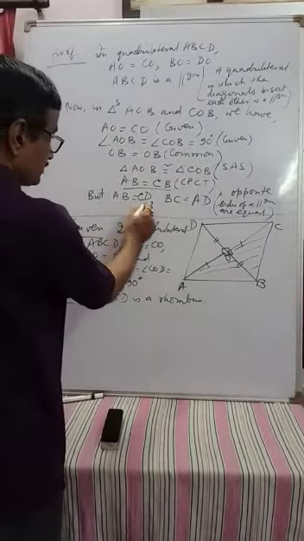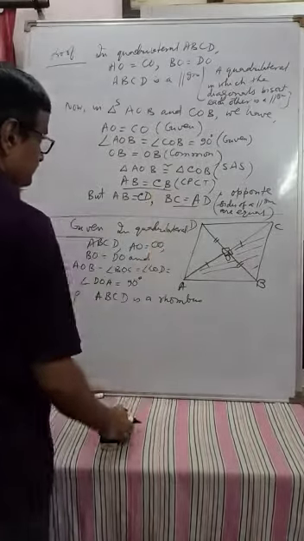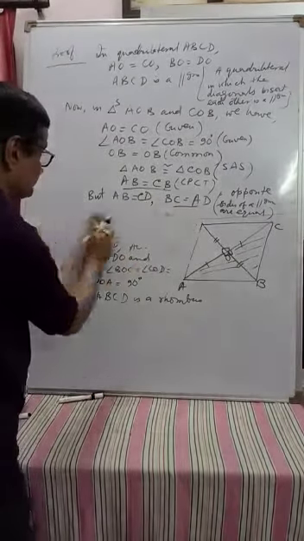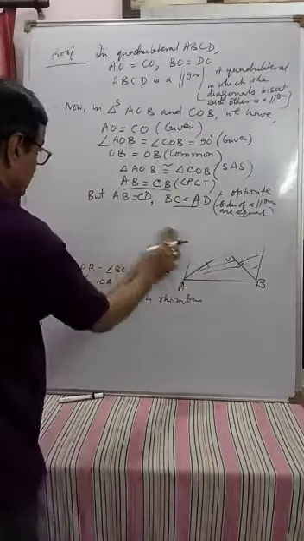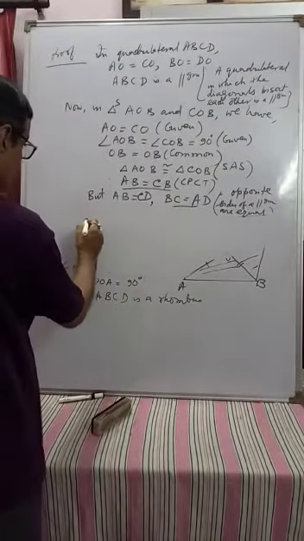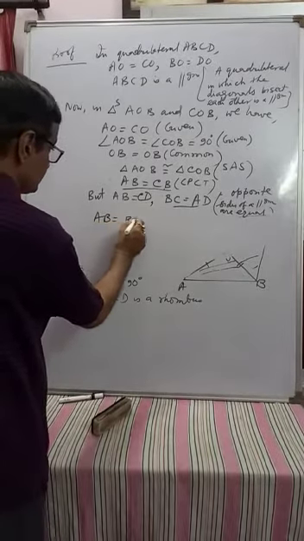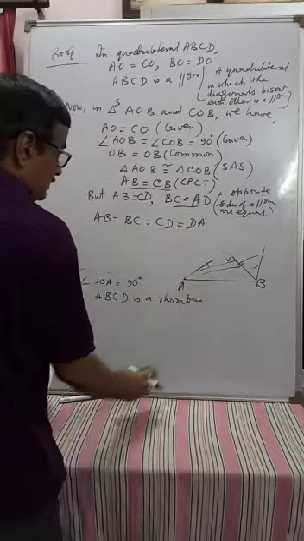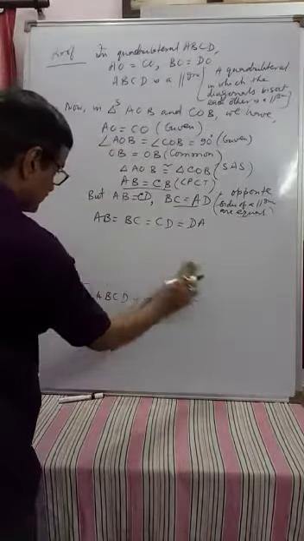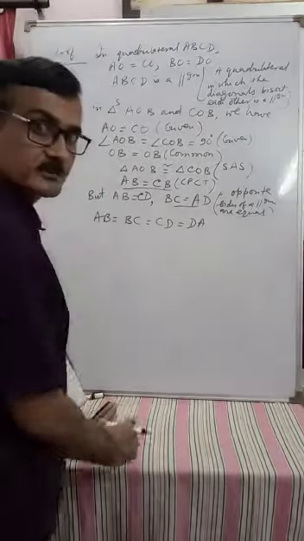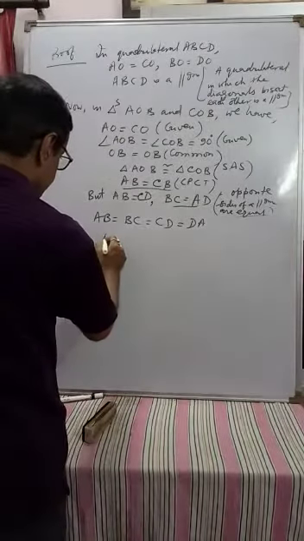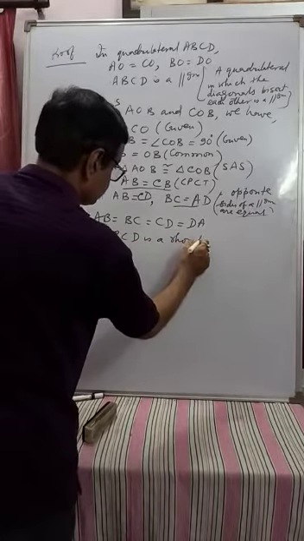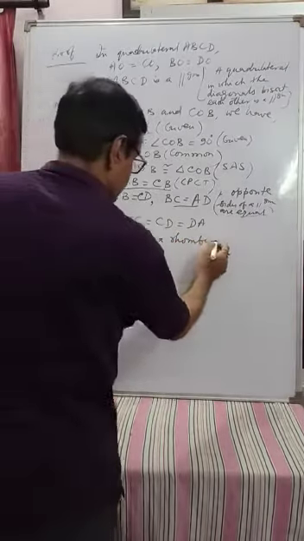Now AB is equal to CD and BC is equal to AD. That means all the four sides are equal. Therefore AB is equal to BC is equal to CD is equal to DA, and if all the four sides of a parallelogram are equal, then we can say ABCD is a rhombus, and it is proved.